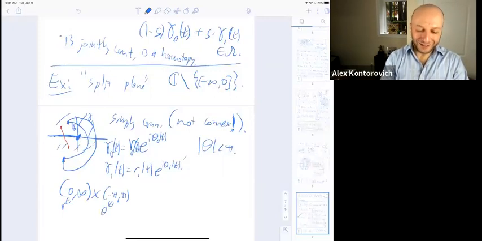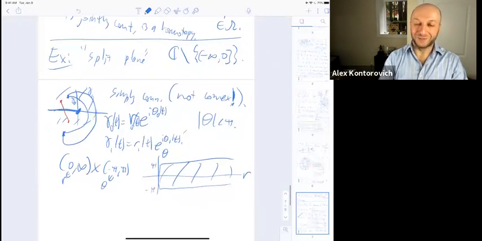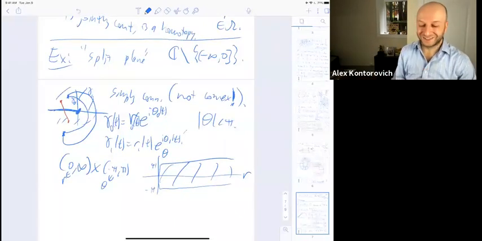And this strip is simply connected. This is the r theta plane from minus pi to pi. This half strip is convex.